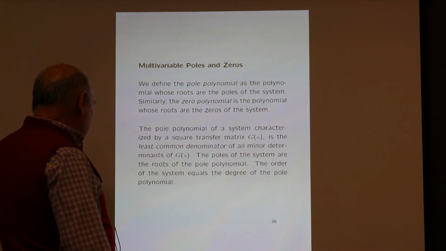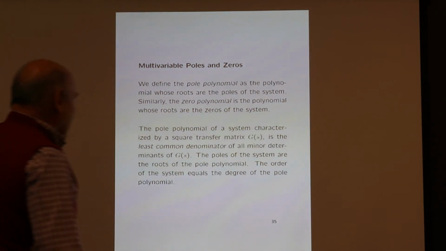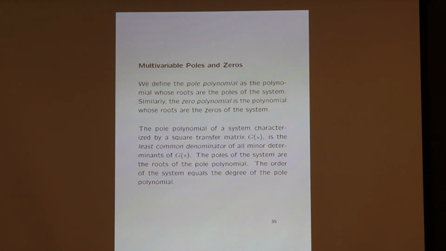So one basic concept is the so-called pole polynomial. The pole polynomial is a polynomial whose roots are the poles of the system. In either of the matrix representations of the system, polynomial matrices or rational transfer function matrices, we have to be able to identify the zero polynomial.